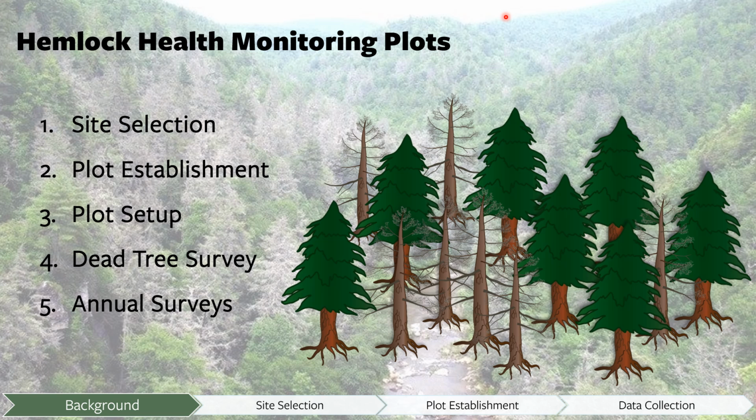We know that's a bit of a lift. But once you have established these plots, in all of the subsequent years the only step you need to do is step 5, these annual surveys. So we're hopeful that the biggest lift is really going to be year 1, and in the years after that, it will be fairly simple to continue participating in this program.